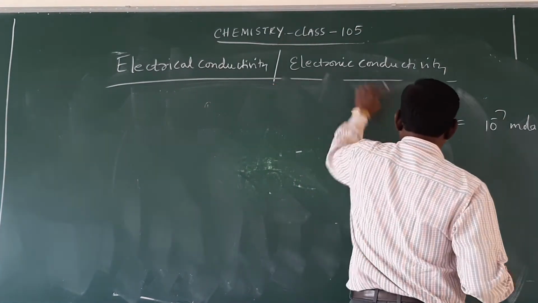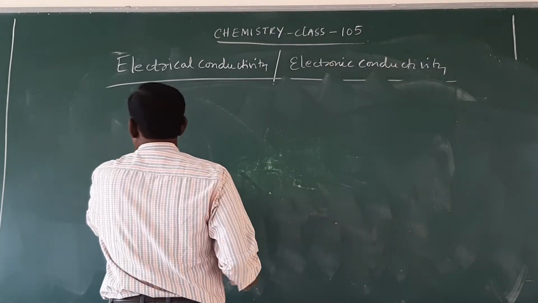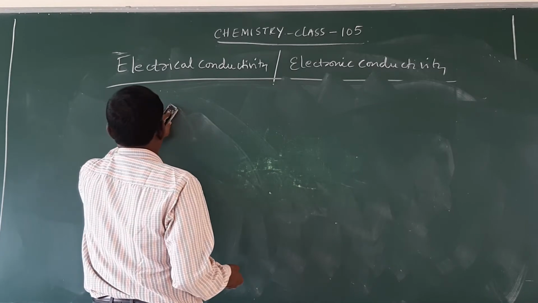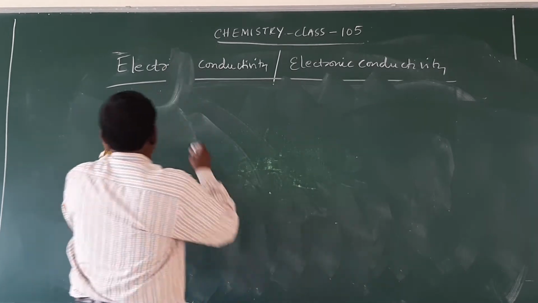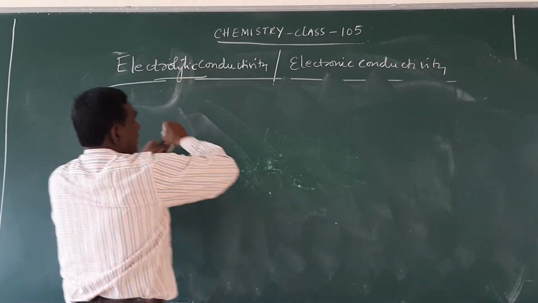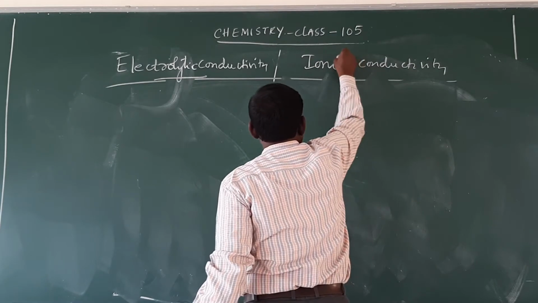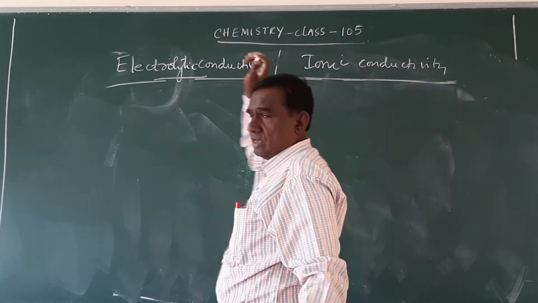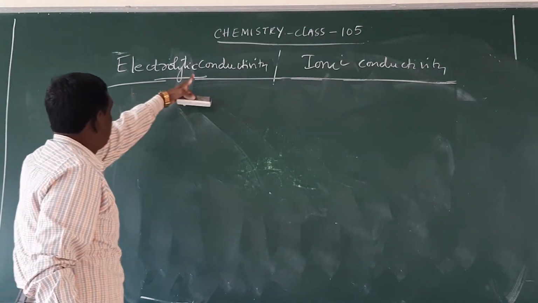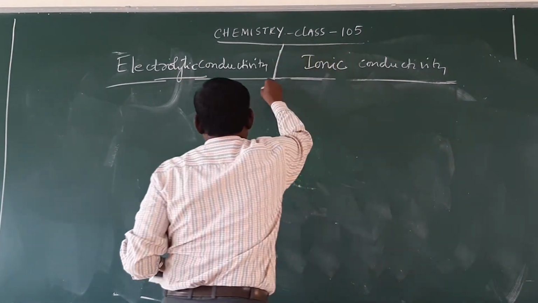Now let us take one more conductivity, which is called ionic or electrolytic conductivity. This is the second type of conductivity, not electrical but electrolytic.